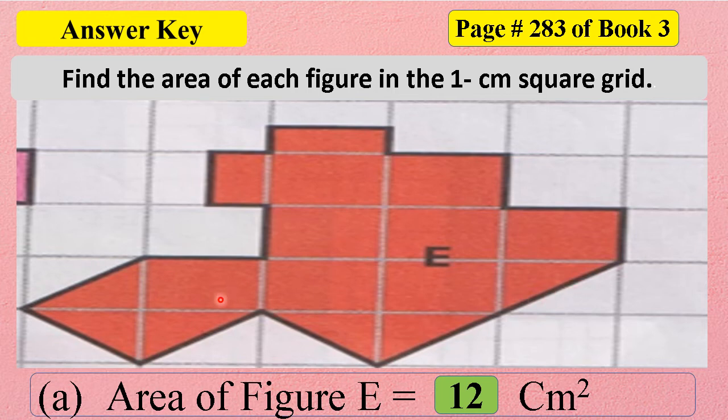Half square unit and half square unit is equal to 1 square unit. 5 plus 1, 6 square units. 7, 8, 9, 10, 11. Half square unit and half square unit is equal to 1 square unit. 11 plus 1, 12 square units are there. Area of figure E is equal to dash centimeter square, 12 centimeter square, and this is your answer.